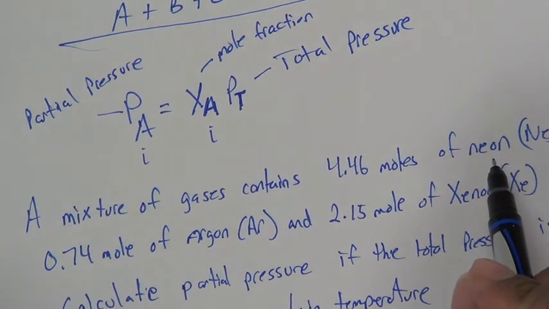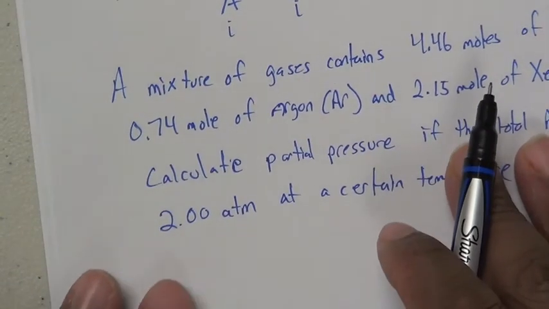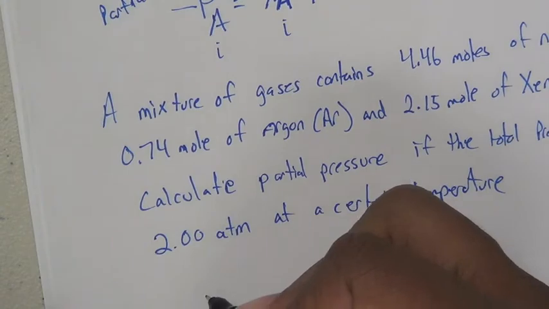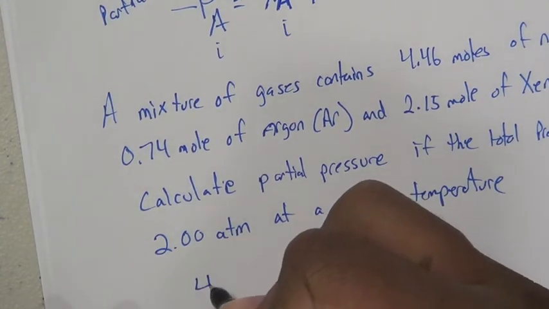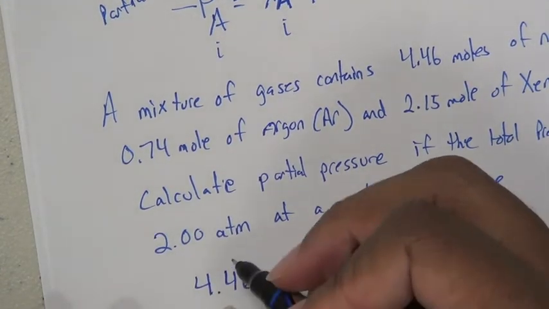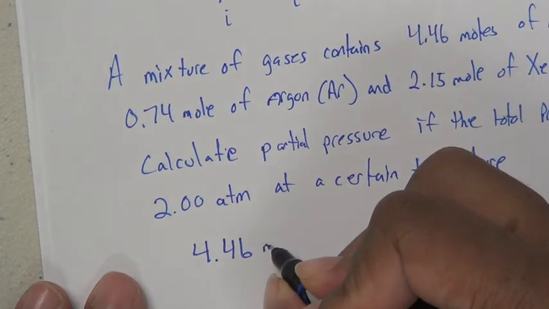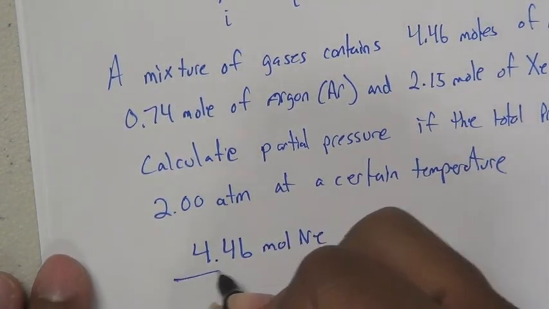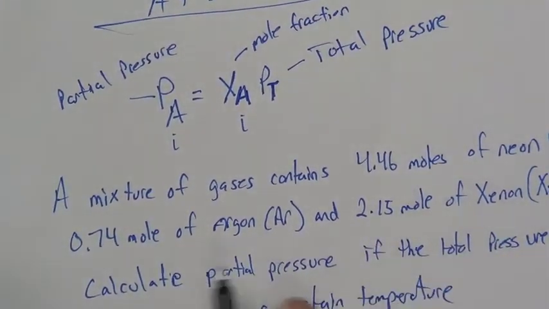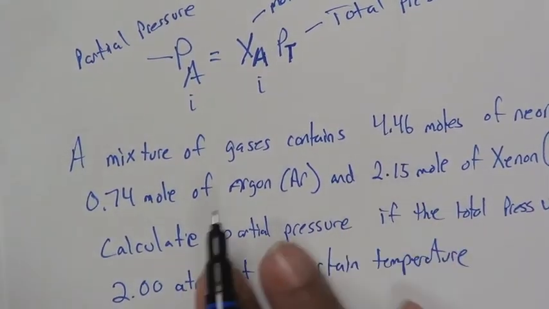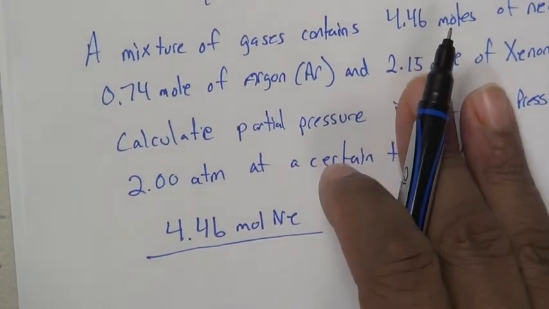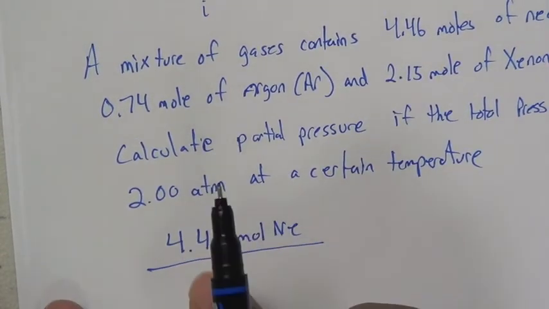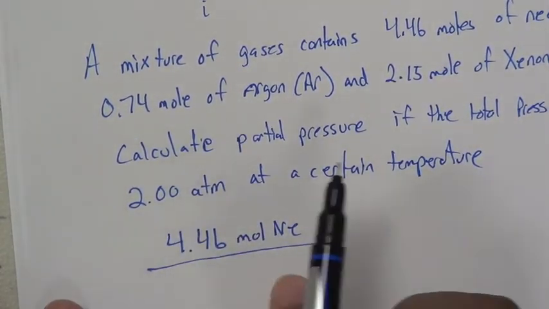So the mole fraction of neon is going to be 4.46 mole neon over all of the components, all of the rest of the gases. Okay, the ratio between the subject and all of the components.